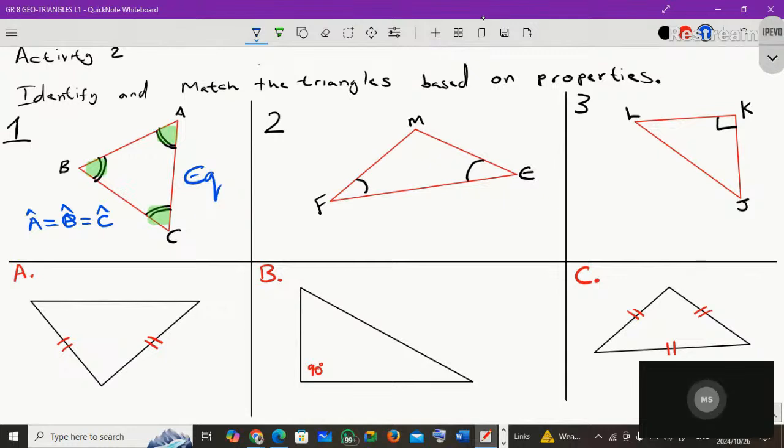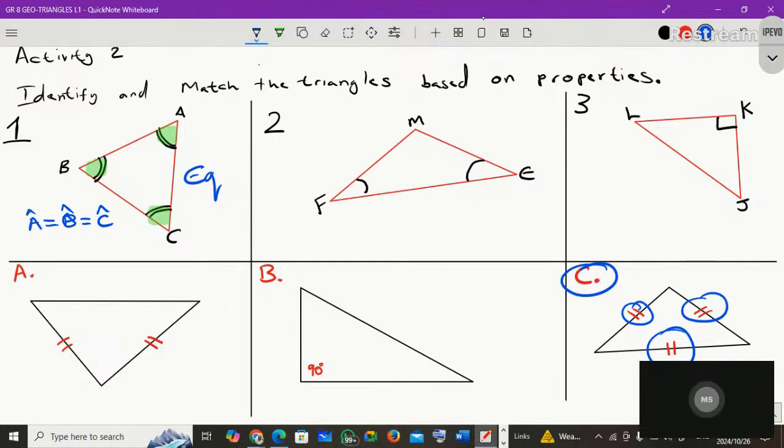It's a triangle with all the sides equal. So now by drawing here, you can see that C has all the sides equal. This side is equal to this side is equal to this side. These signs, whether it's one line or two lines, show that these sides are equal.